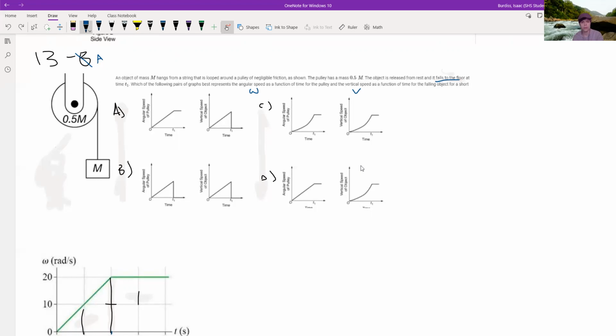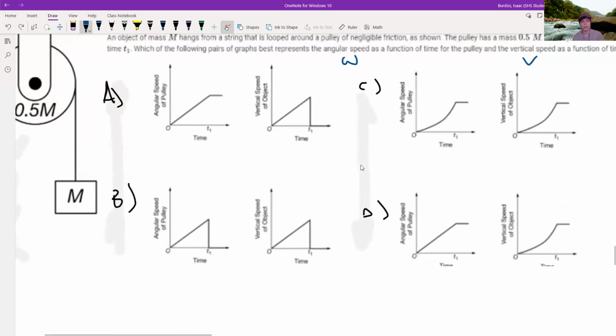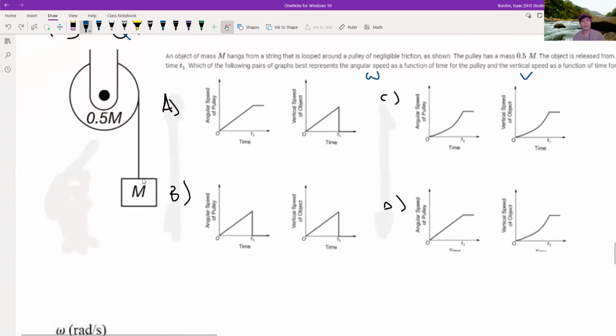It's cut off, that's weird, but it's for the falling object and the pulley. So let's look at what happens here. A little bit glitchy, but let's think about it. It's on there, then it's going down, and then just imagine it falls off the pulley completely and goes on the floor.